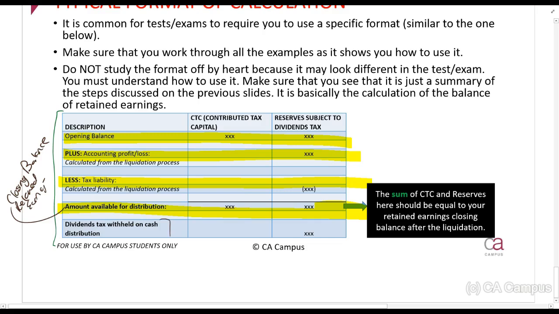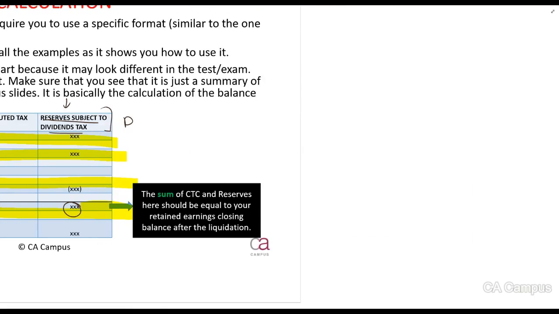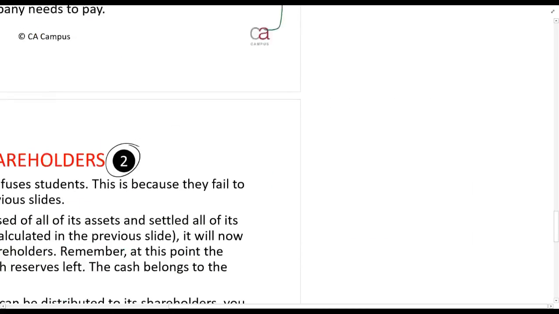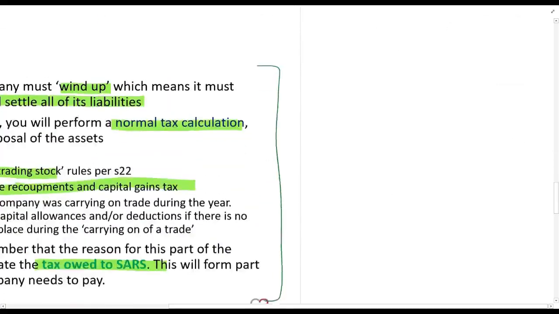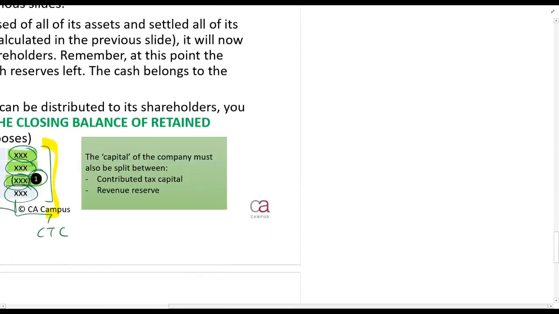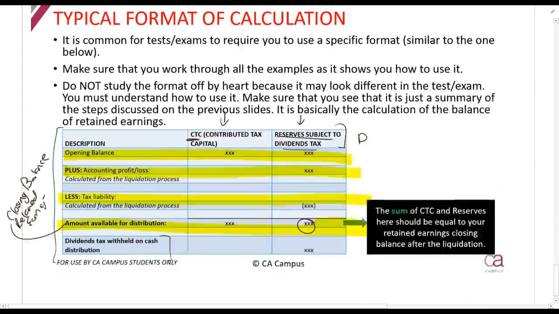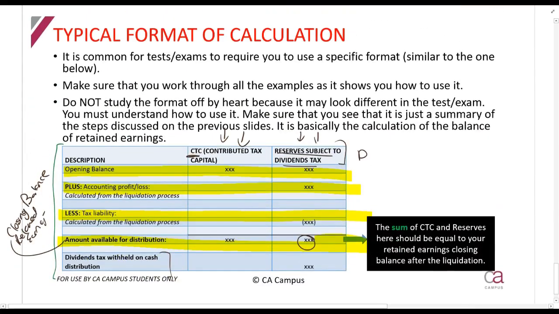Okay, and then you have to calculate if there's any dividends tax. So we split it here between 2 columns, contributed tax capital and reserves subject to dividends tax. Because what are we basically saying there? It's again an application of the principle that when a company makes a distribution to its shareholders, it's either a dividend or a contributed tax capital amount. And that is exactly what we do in this calculation. We just split it from the start between contributed tax capital and dividends.